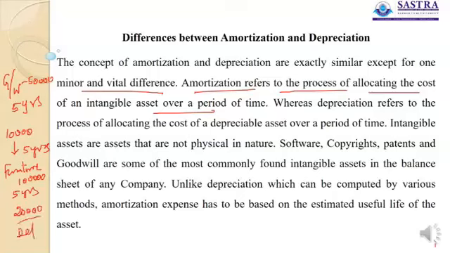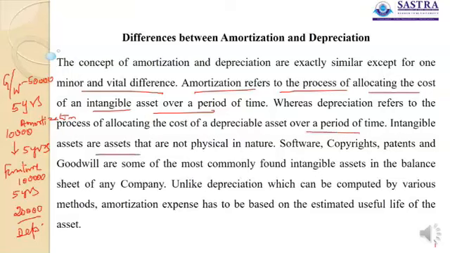So this is depreciation and this 10,000 is amortization. So this is the process of allocating the cost of a depreciable asset as well as an intangible asset. Amortization refers to the process of allocating the cost of an intangible asset, whereas depreciation refers to the process of allocating the cost of a depreciable asset over a period of time.